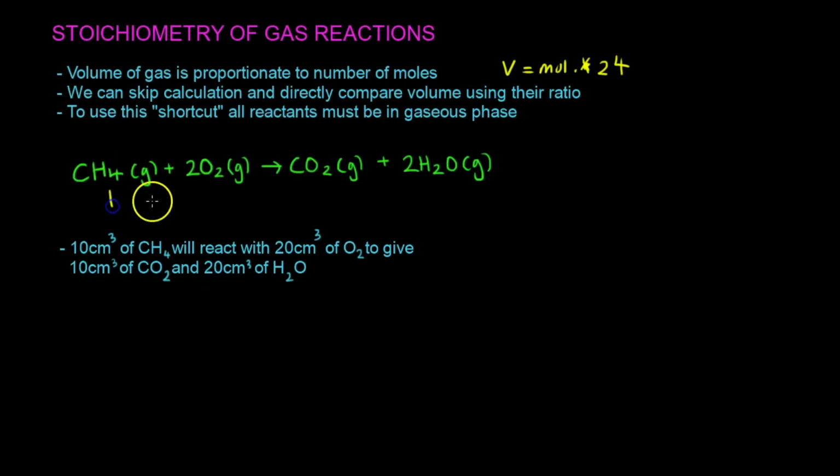Because the ratio here is 1 to 2 to 1 to 2. Basically, we are skipping the calculation of moles just to get to the volume, because it is based on the ratio. But the only prerequisite is that all of them have to be in gas phase. And this will close the molar volume of gases and the stoichiometry of gas reactions.